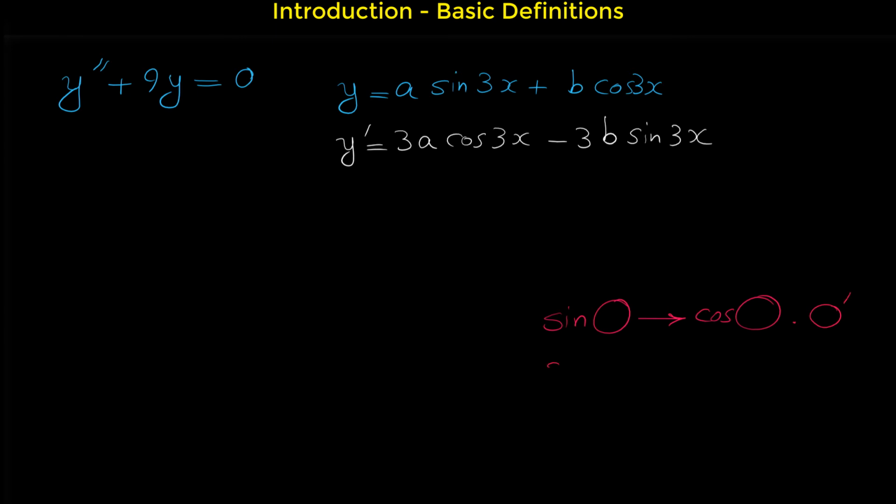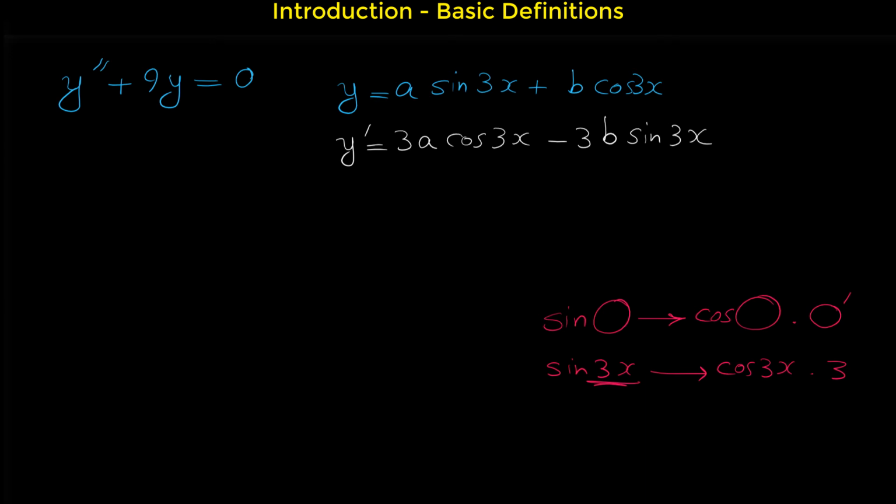So the derivative of sine of 3x, as we had here, is cosine of 3x times the derivative of inside, which is 3. So the derivative of sine of 3x is 3 cosine of 3x. And because a is a coefficient, we just write the coefficient. We are not touching the coefficient. We are writing the coefficient and we are taking the derivative of the function.